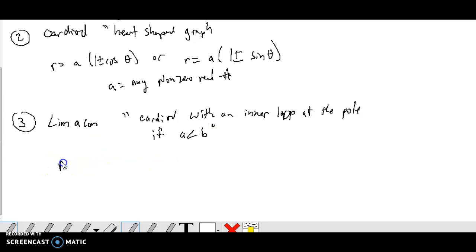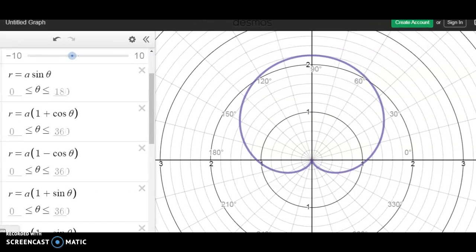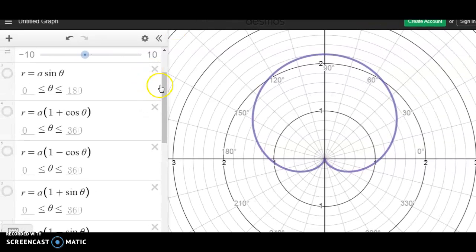So we might have something that looks like this: r is equal to a minus b cosine of theta, or r is equal to a minus b sine of theta. So let's see kind of what this one looks like. We're gonna bring this back over here.